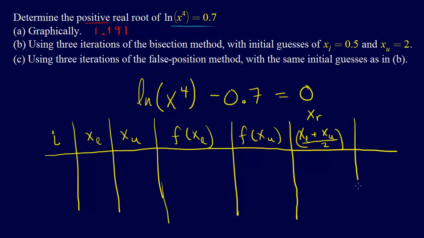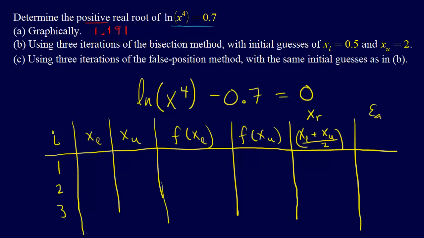Okay, and then epsilon a, because we're going to need that. It's weird they're not having us do epsilon because it's just telling us to do a certain number of iterations. Normally we would compute epsilon a, and then we're going to say iteration 1, 2, and 3.